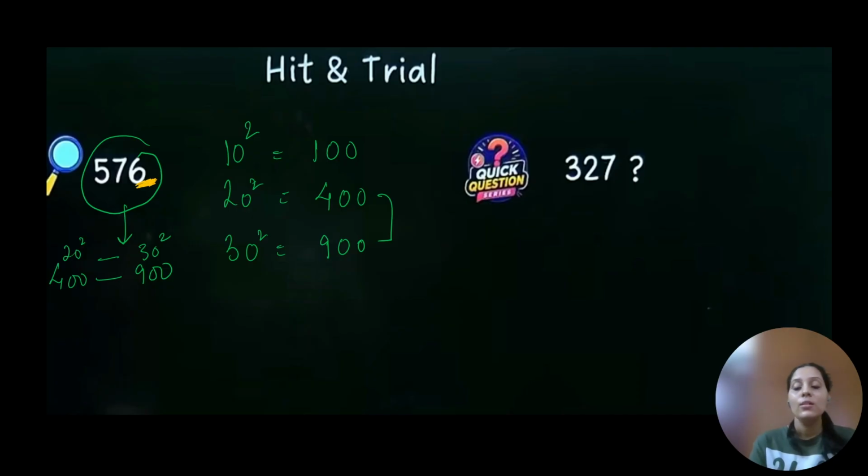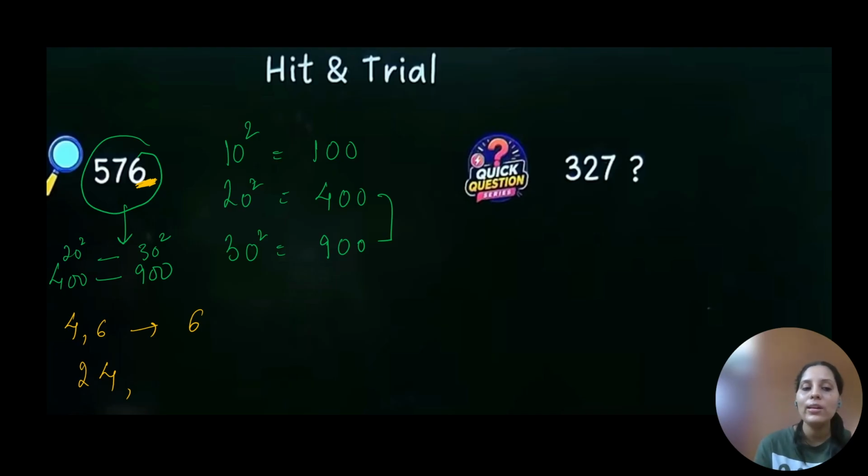6. So what is that number which when you square you get 6? Either it can be 4 or 6. So when a number ends in 4 or 6, its square will give you 6 as the ones digit. So the options can be 24 or 26.